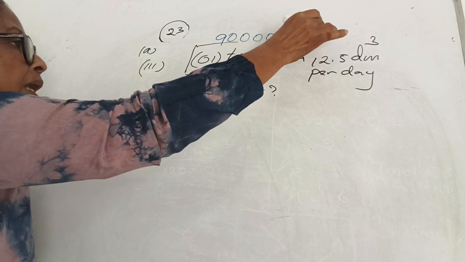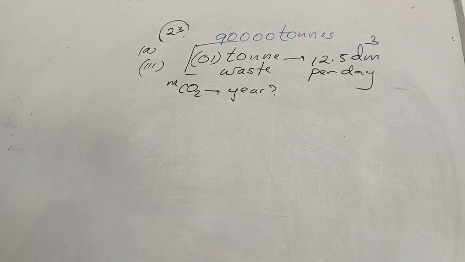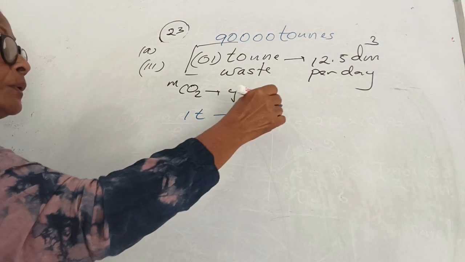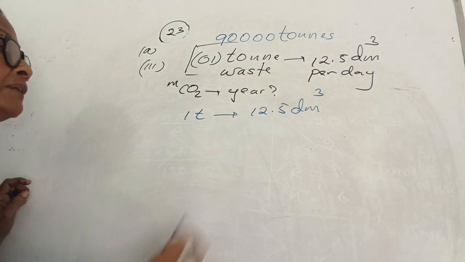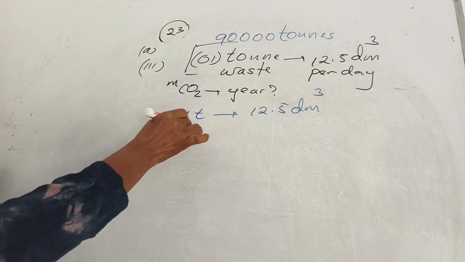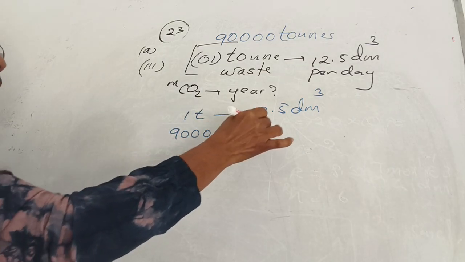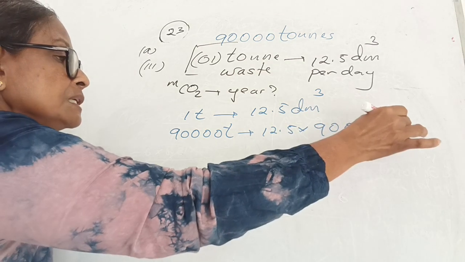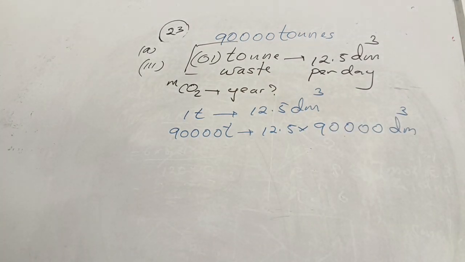So 1 ton produces 12.5 decimeter cube of landfill gases, therefore 90,000 tons would produce 12.5 times 90,000 decimeter cube of gas, which simplifies to 1.125.